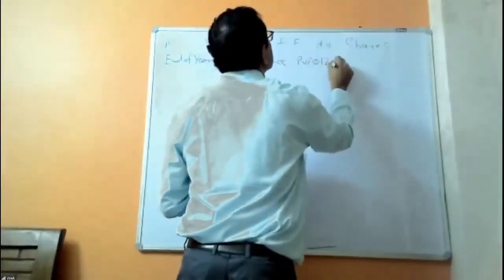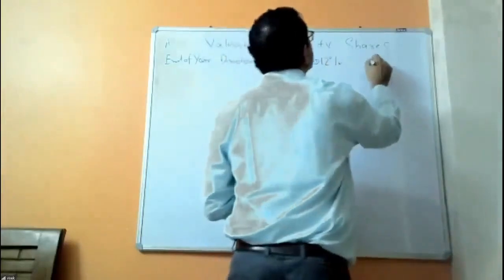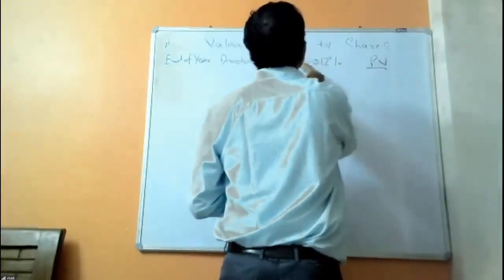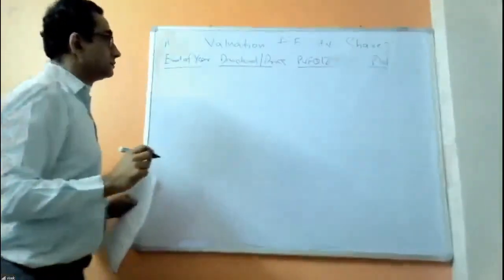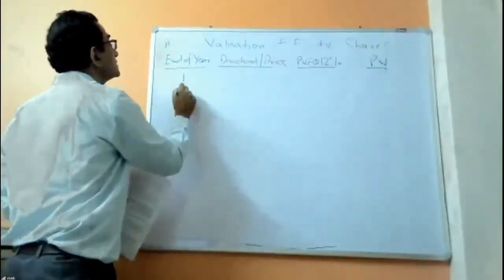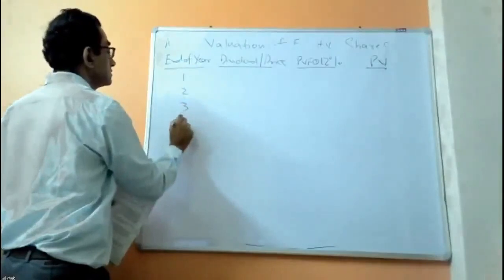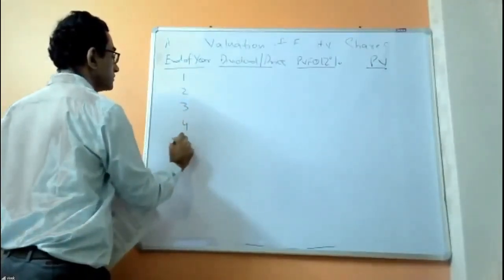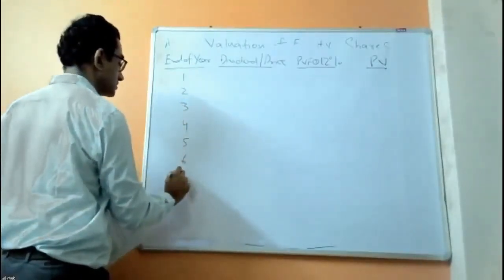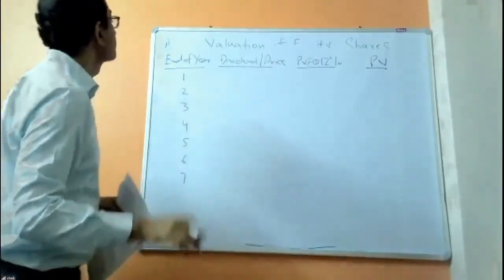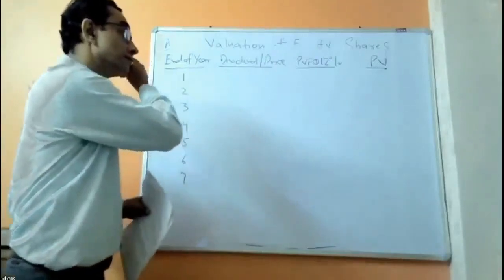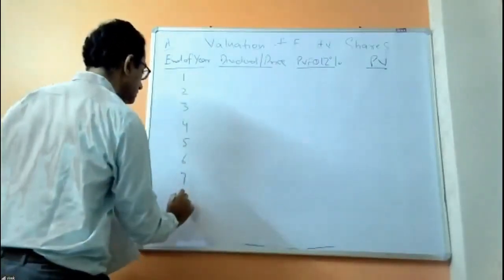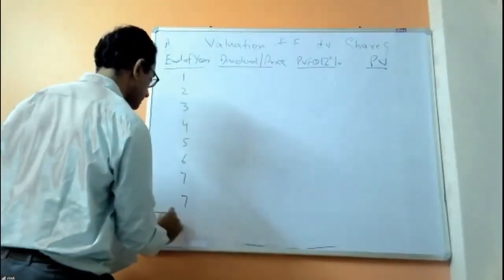Present value factor at the rate 12% and the present value. First year, then second, third, fourth, 5, 6, and 7. Fine. So dividend. So I'll make the capital gain also.